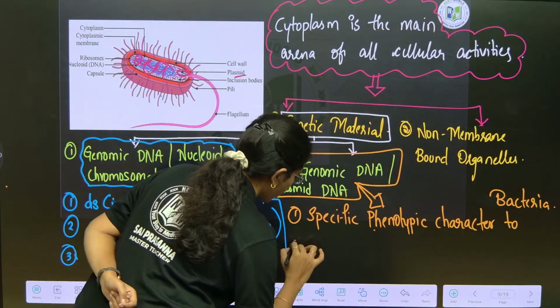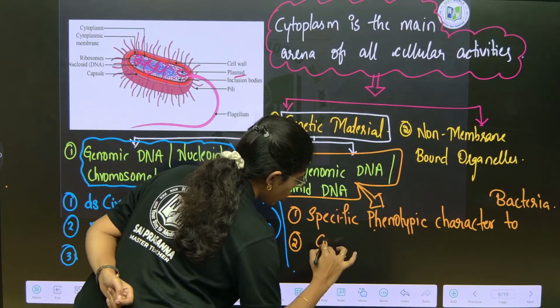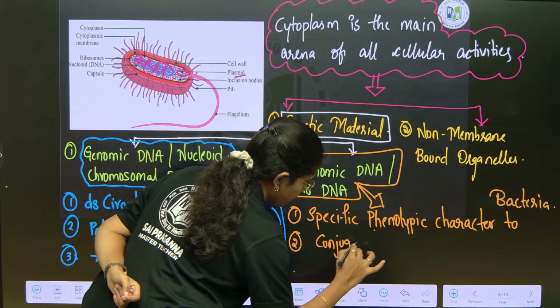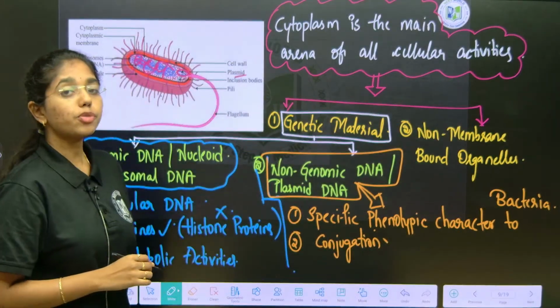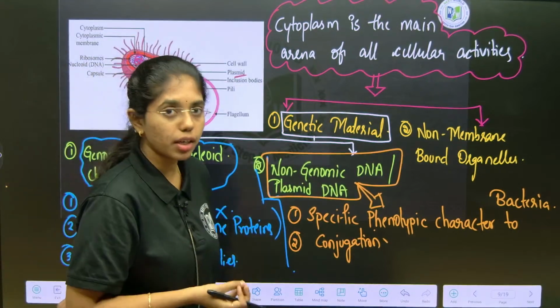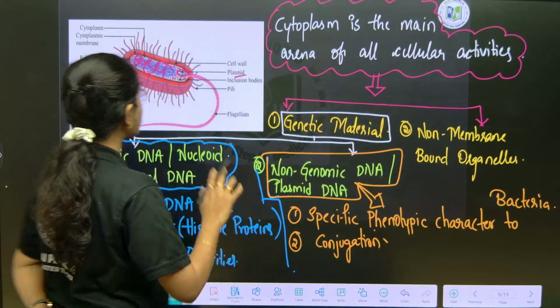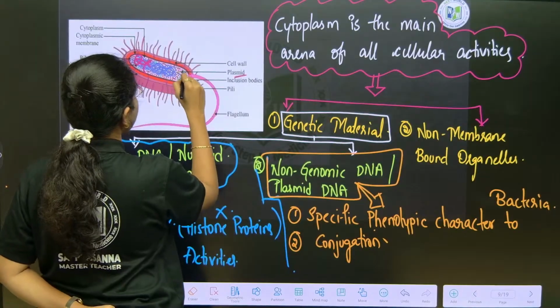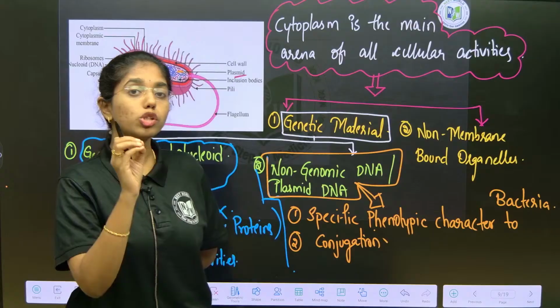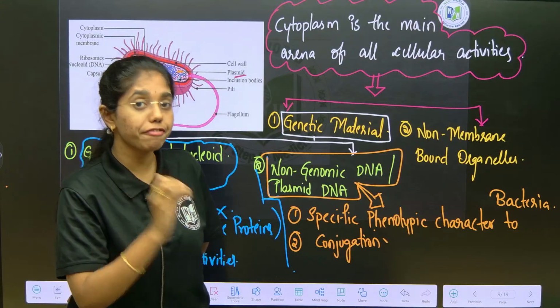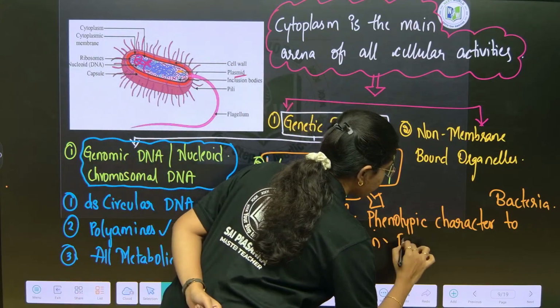Second foremost important point, it helps in conjugation. How is it helping in conjugation? Because plasmid DNA will have multiple factors. One such factor that plasmid DNA consists of is fertility factor, which is F factor. So, those bacteria whose plasmid DNA consists of F factor are addressed as F plus strain.